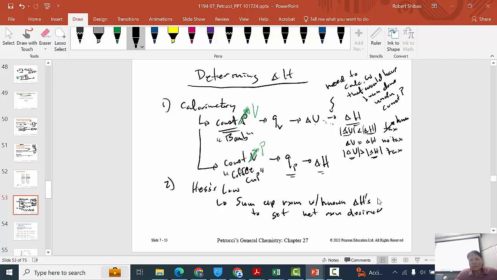In other words, delta H of the reaction of interest is just equal to delta H of reaction 1 plus delta H of reaction 2 plus, and so on. We add the equations, we add the delta H's. So this is Hess's law.